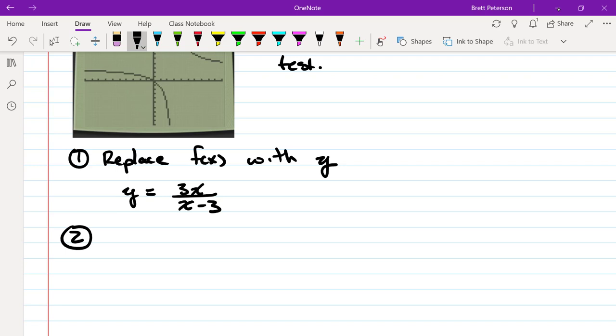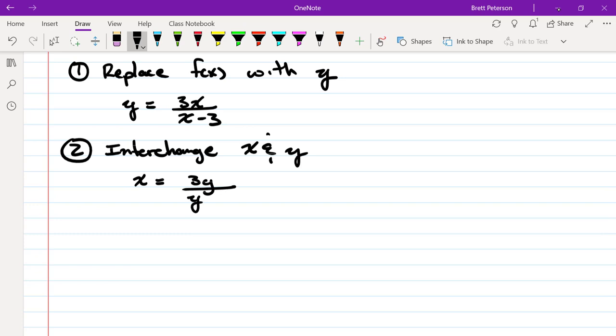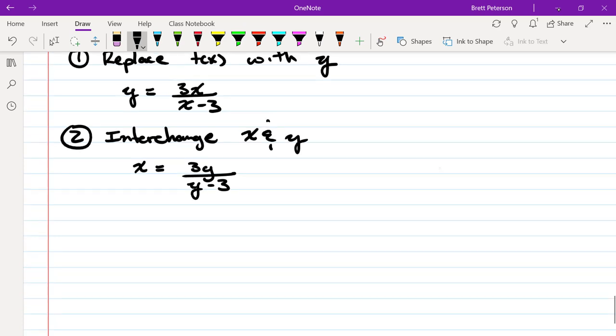Then step 2, which is the same one we were doing above, we are going to interchange our inputs and outputs. And in this case, that's going to be x and y. So we get the new equation, x equals 3y all over y minus 3.